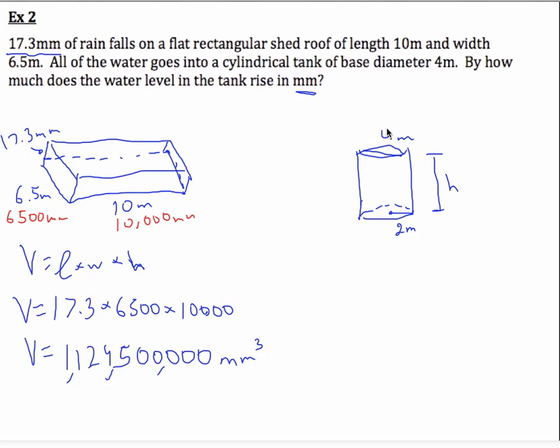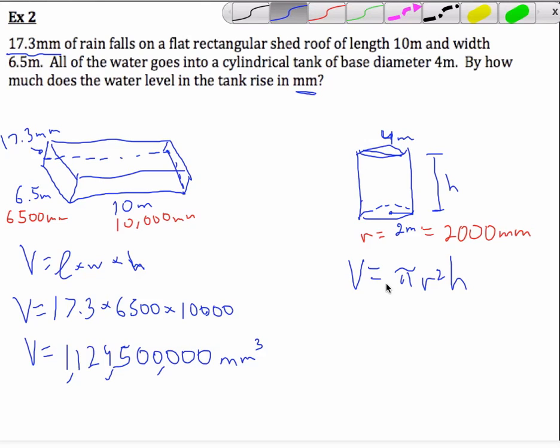Okay, now over in this figure we have volume. The volume of this cylinder is pi r squared h, but again we want millimeters, so let me write that in millimeters. That radius is going to be 2,000 millimeters. Okay, so we're going to put that into the formula.